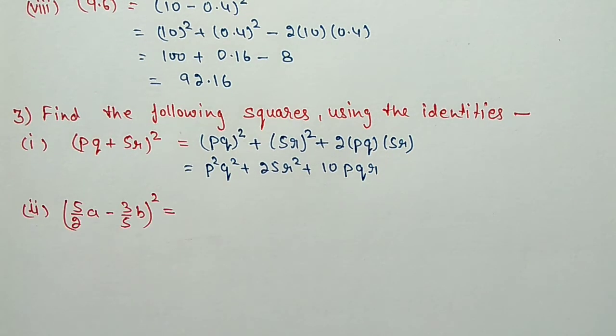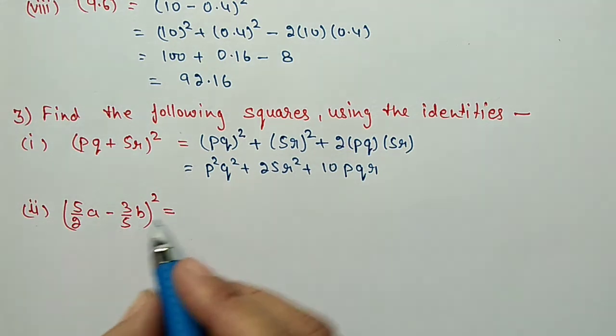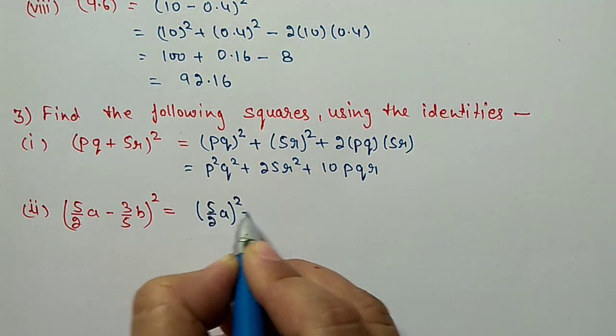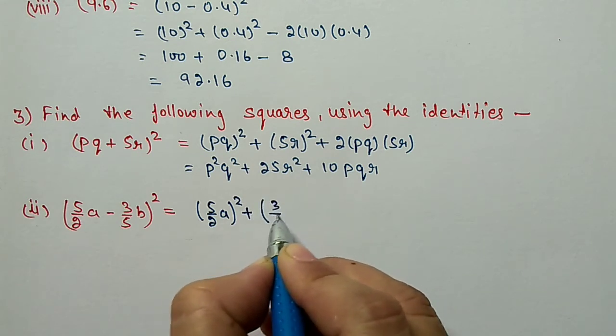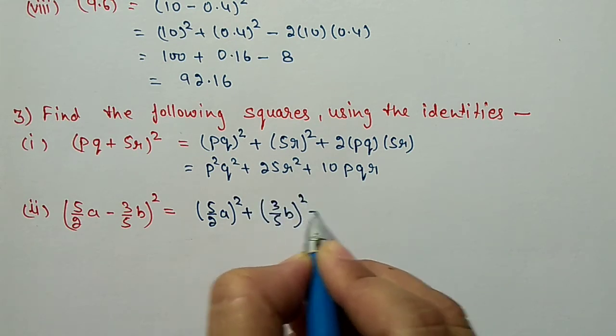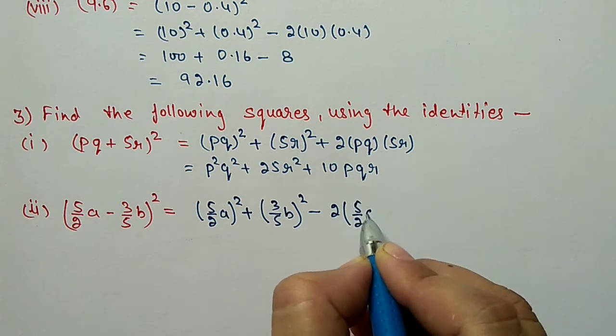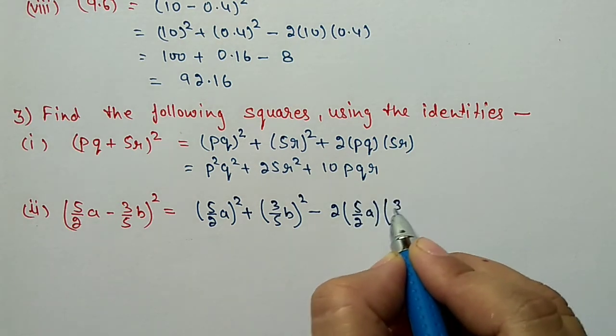Second part, (5 by 2a minus 3 by 5b) whole square. The minus symbol is there, it means we have to use the a minus b whole square identity. So we will use (5 by 2a) whole square plus (3 by 5b) whole square minus 2 into 5 by 2a and 3 by 5b.